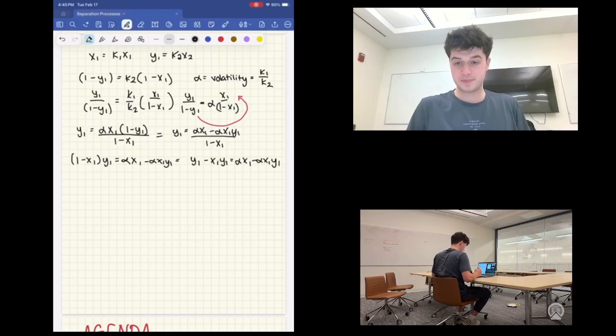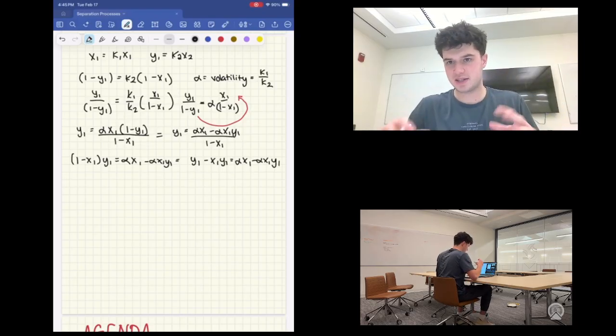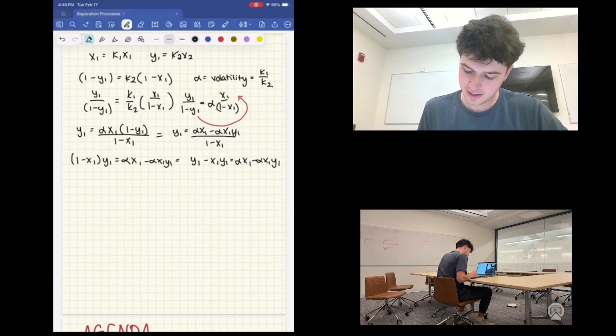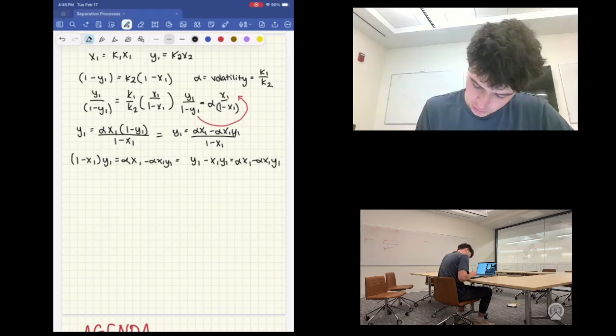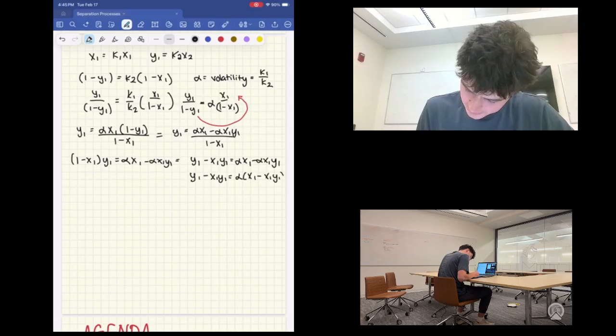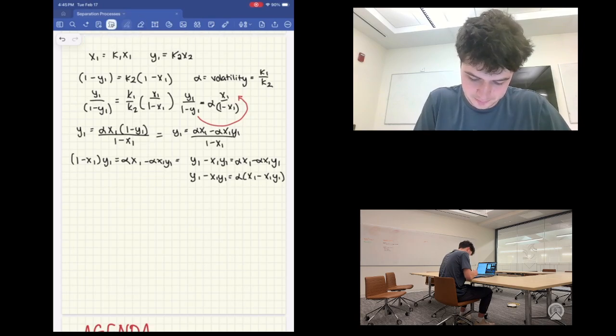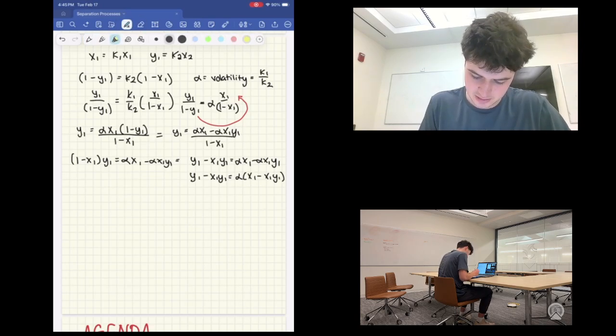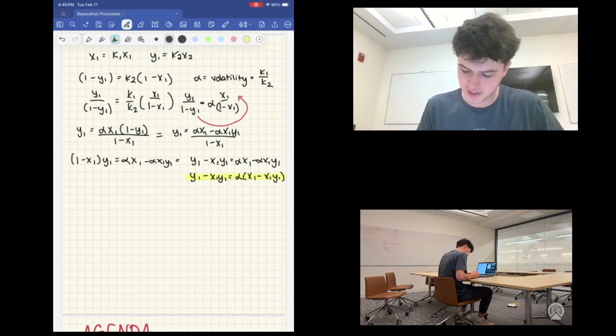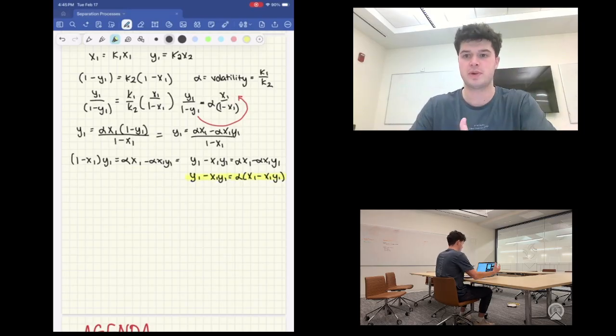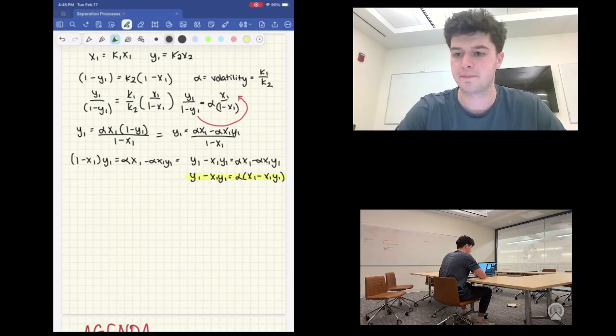And as you can see, these are actually the exact same things on the left and right side, except this alpha has been distributed out to everything. So you could also look at it as y1 minus x1 y1 equals alpha times x1 minus x1 y1. You can look at them either way, but I prefer to look at it this way because I think it's more satisfying to say, okay, it's the same equation, but I'm just multiplying that right side by alpha, and that's going to be the difference here.